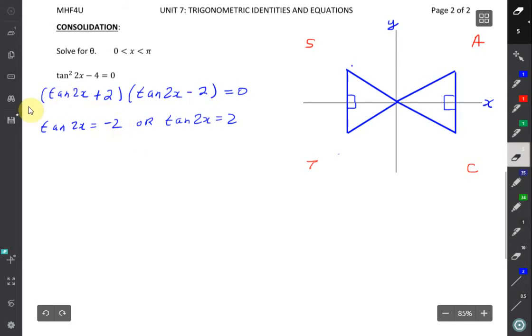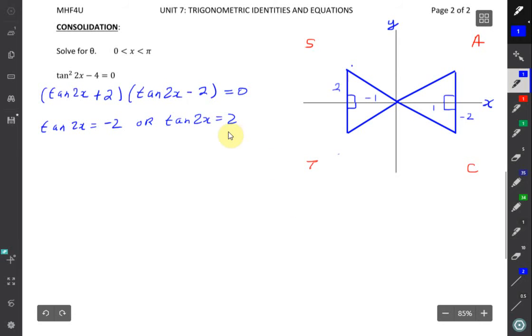So I'll start with this ratio and where it's negative. So tan is negative in these 2 quadrants. So in this question here, this adjacent must be negative, and the opposite would be positive. Here, the opposite would be negative 2, and the adjacent would be 1.